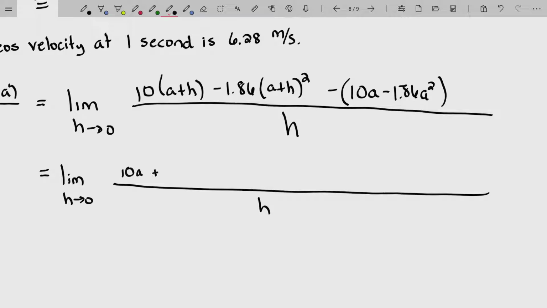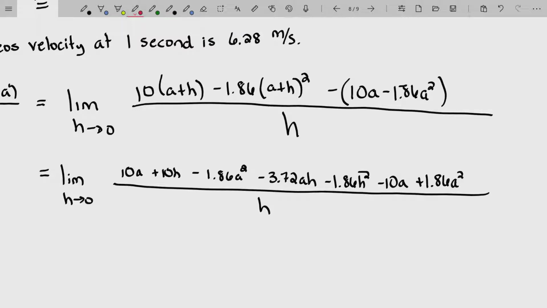It's 10a plus 10h minus 1.86a squared, technically, plus 2ah, so minus 3.72ah plus h squared, so minus 1.86 h squared minus 10a and plus 1.86 a squared.